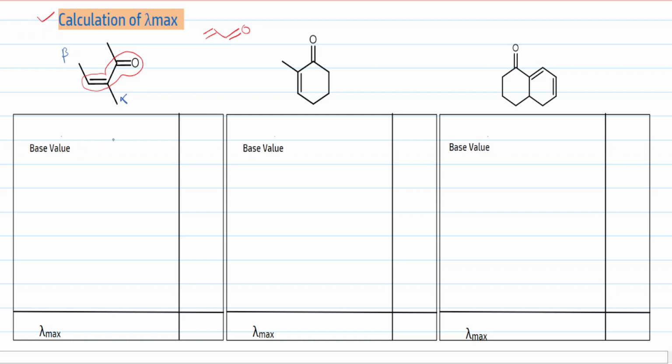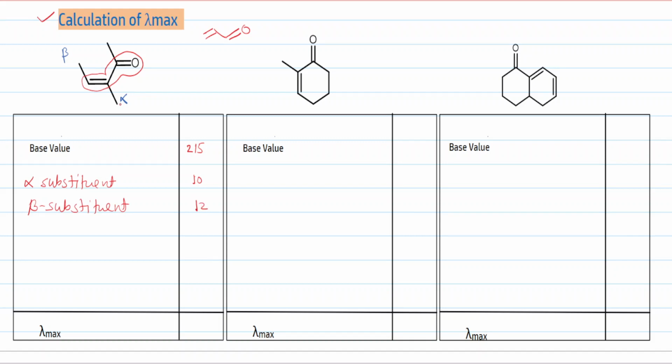Now the base value for acyclic enone is 215 nanometer. Then for the alpha substituent, here I will write alpha substituent, the addition is 10. For the beta substituent, addition is 12.